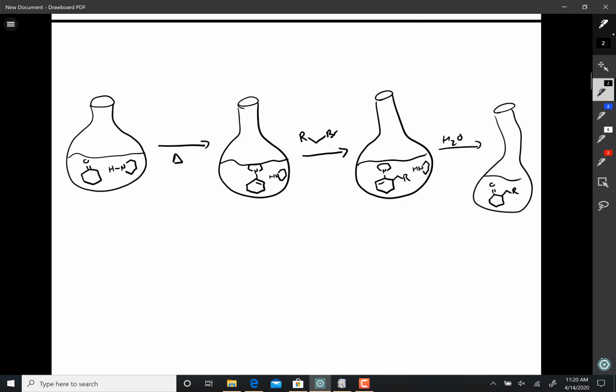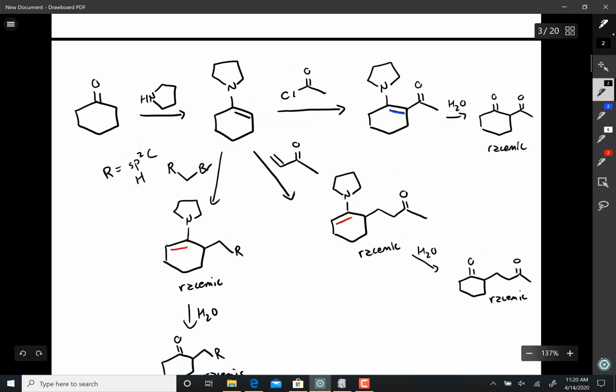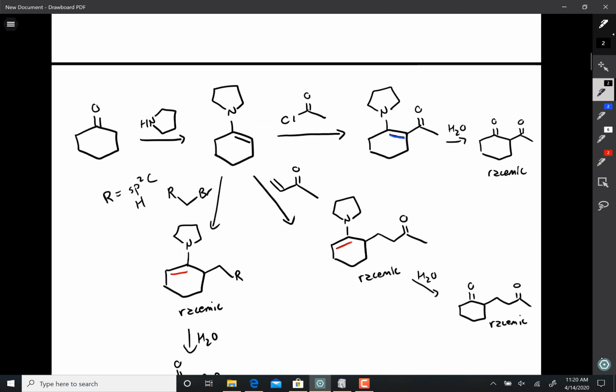Okay. So what I'm trying to get at is this compound right here isn't isolated before adding in your electrophile to it. Okay. That's important.